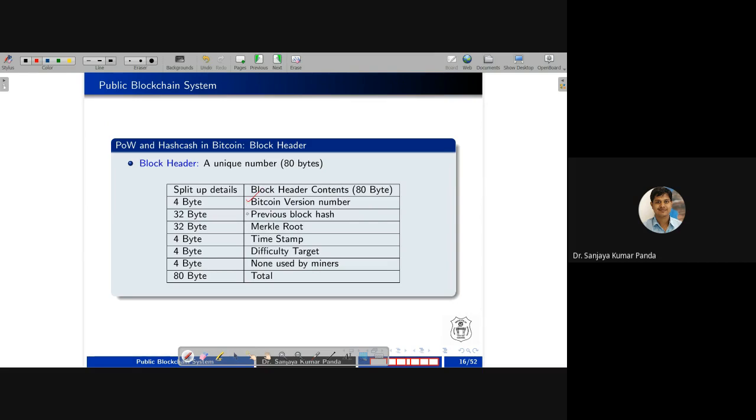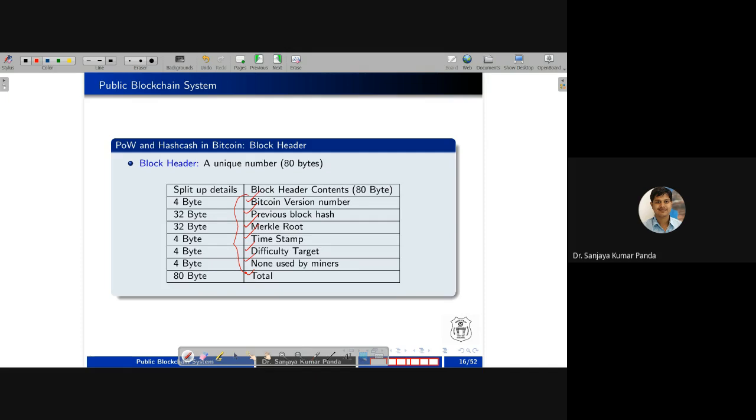We have the previous hash value, that is 32 bytes. Merkle root is 32 bytes. Timestamp is 4 bytes. Difficulty target is also 4 bytes. Nonce used by the miner is 4 bytes, and that is the total. If you add these things, they are 80 bytes, right? So you can see all this information is there in the block header.